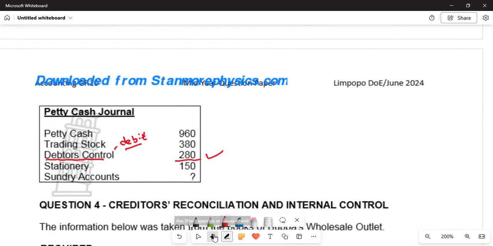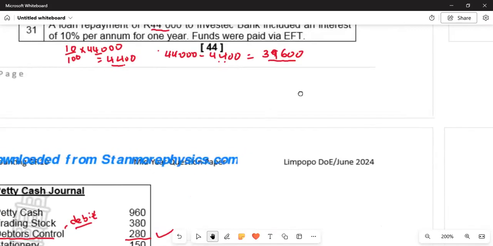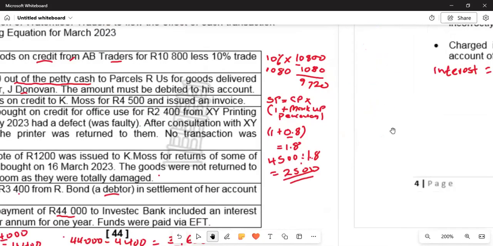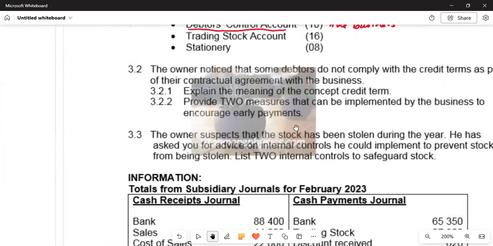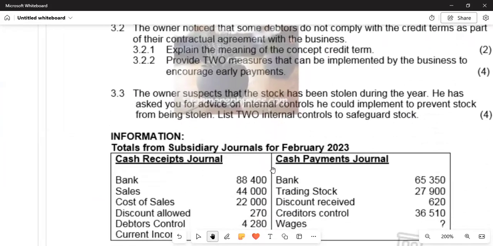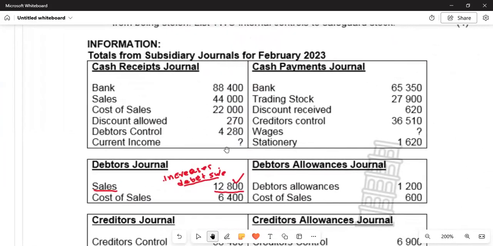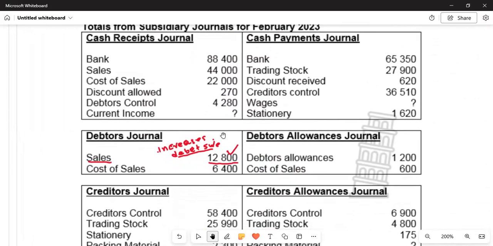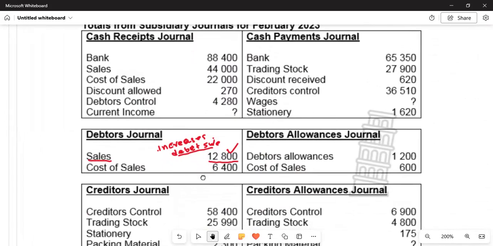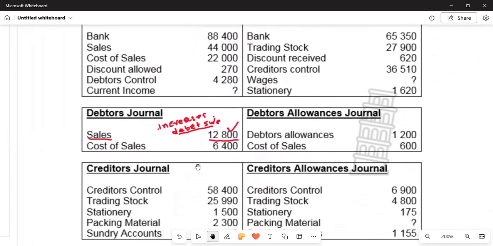So now we are moving back to our question 3. Coming to the credit side of our debtors control, we can see that there was a discount allowed on our cash receipts journal.